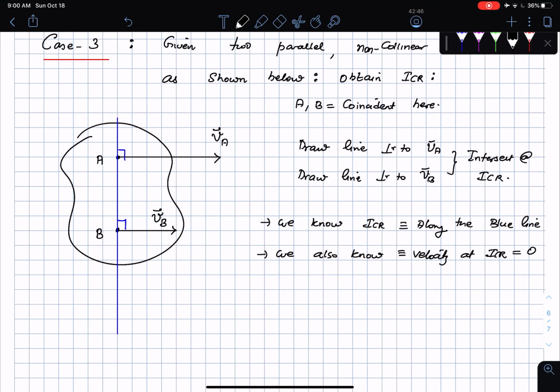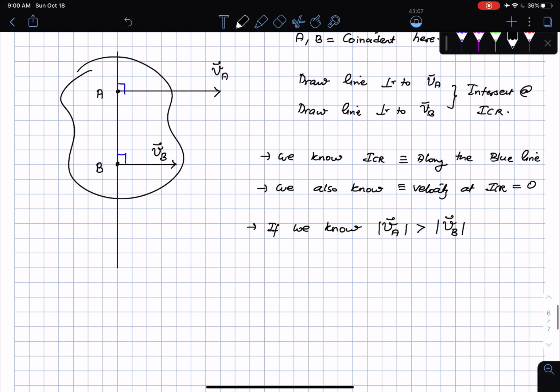Which means that if the magnitude of VA is greater than the magnitude of VB, let's say this is the situation, and we also further know that VA is R A/ICR times omega, VB is R B/ICR times omega.